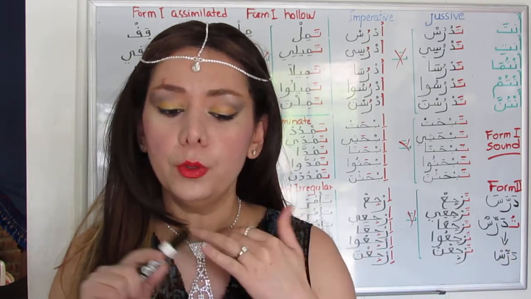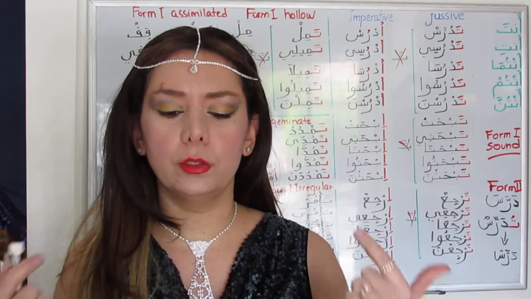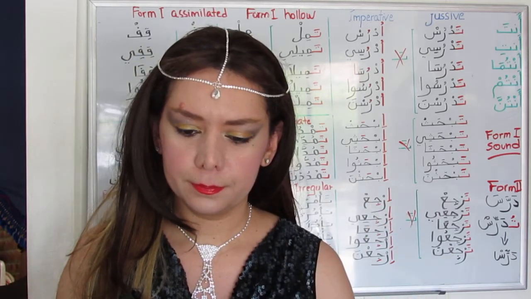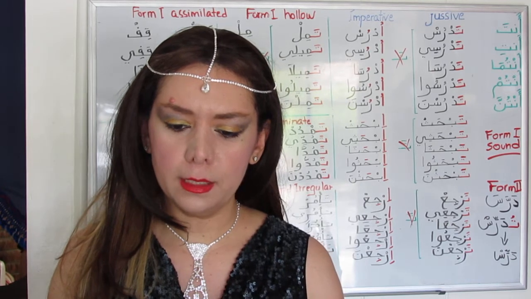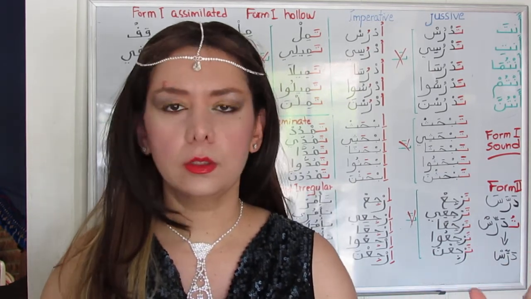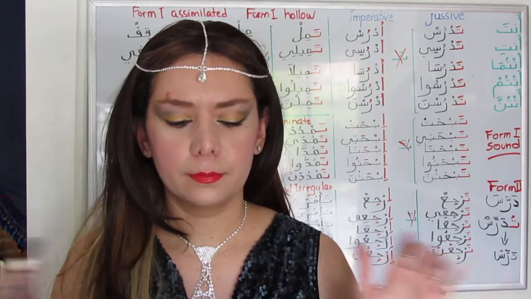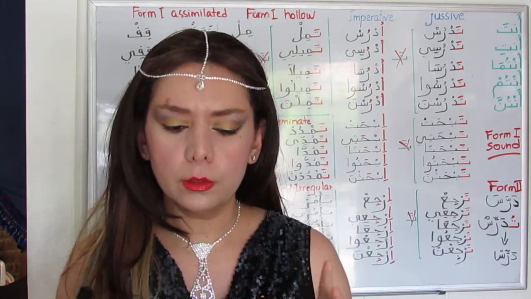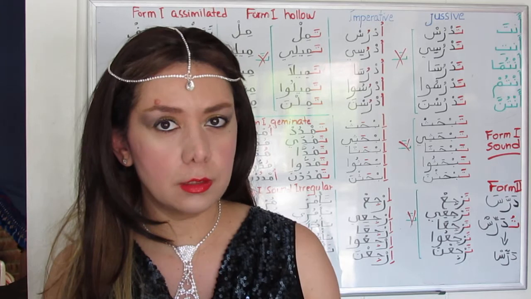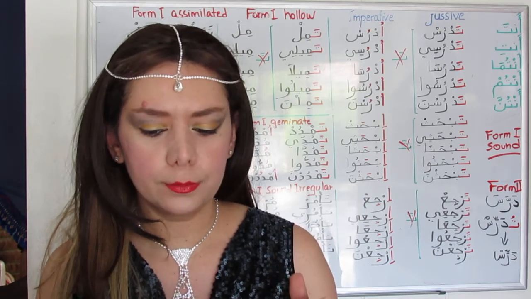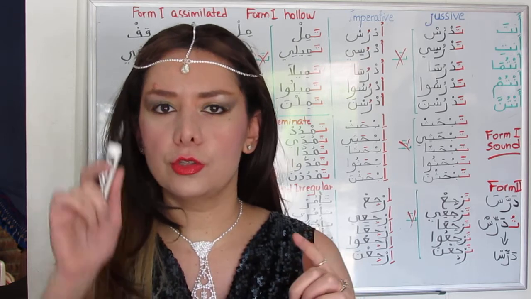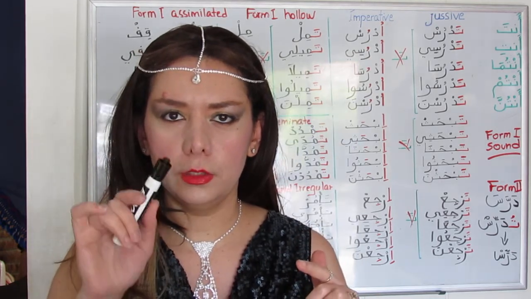Third, if you now have a word beginning with a consonant and vowel, you have your command. If you have a word beginning with a consonant and a sukun, you add a prefix based on the stem vowel in the middle.